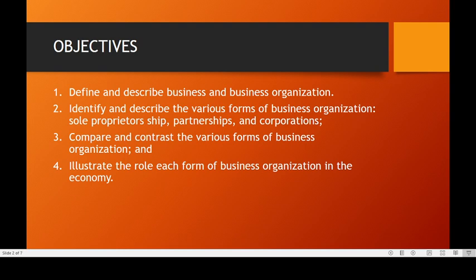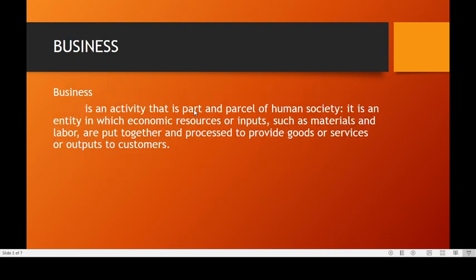Okay, so let us begin with defining what business is. Business is an activity that is part and parcel of human society. That's correct, no? Remember, business is always part and parcel of the human society, in the community.